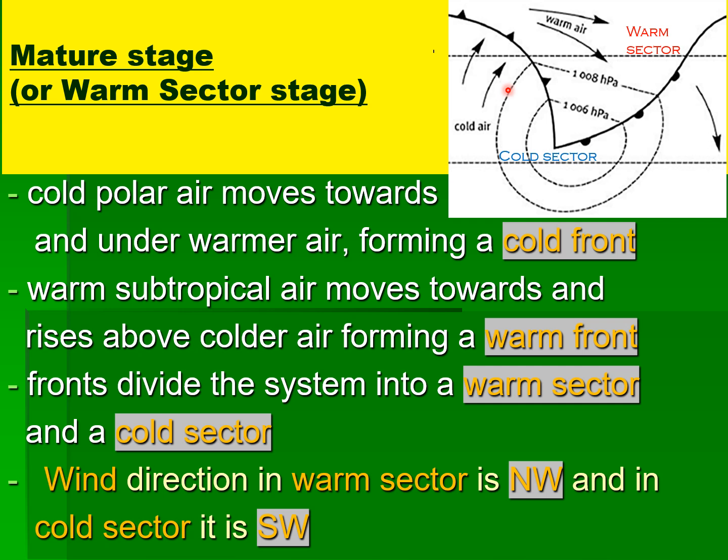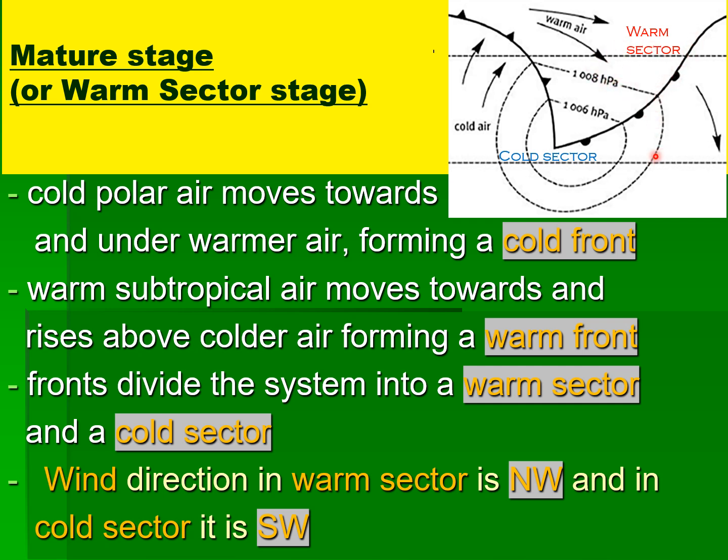That is the result of colder air that the cold front is bringing behind it. So please remember, cold front represented by these small triangles has cold air behind the front. Your warm front, which is represented by semicircles, has warmer air behind the front.